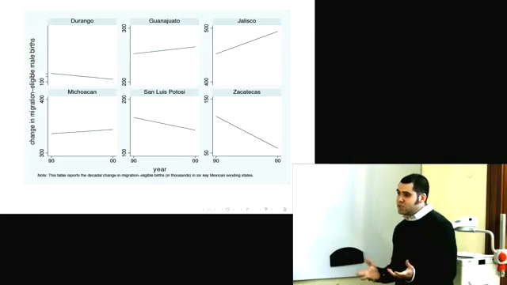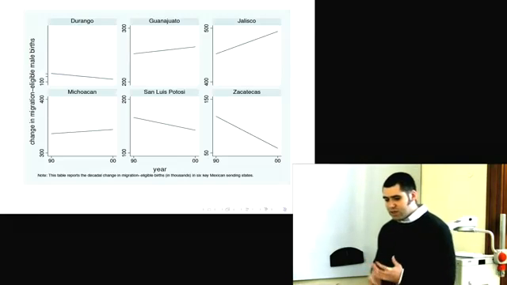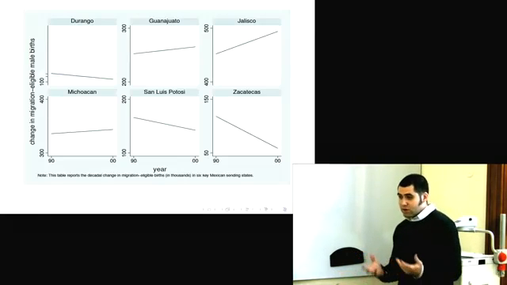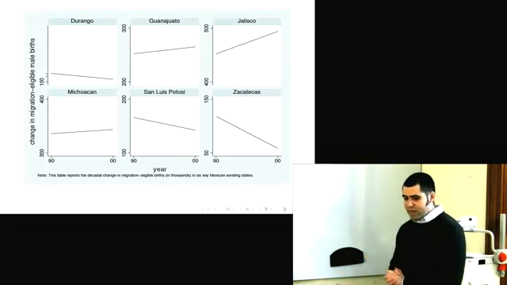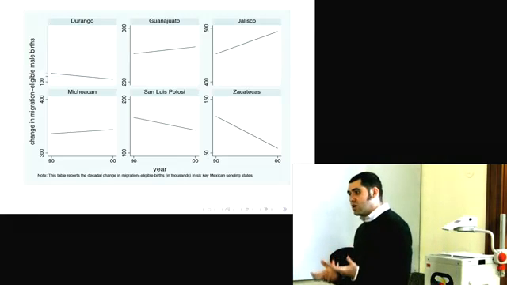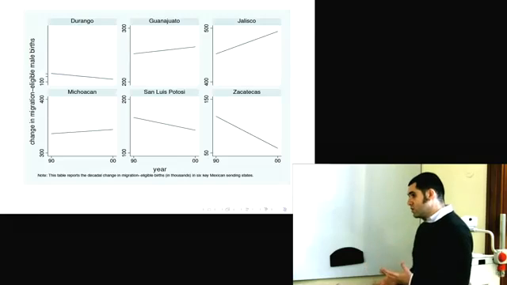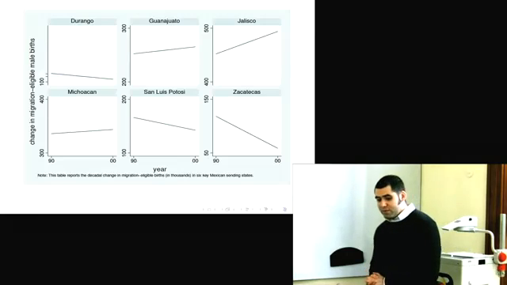If we look at Jalisco, for example, in 1990, there were about 450,000 migration-eligible births that occurred within the window that I've told you about. By 2000, that's gone up to 500,000. If you look at Zacatecas, the story is really, really dissimilar, right? It's gone down by quite a bit.